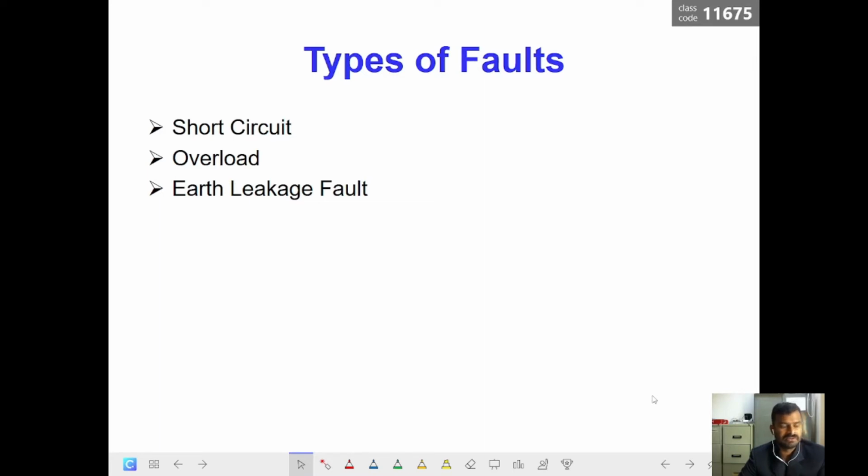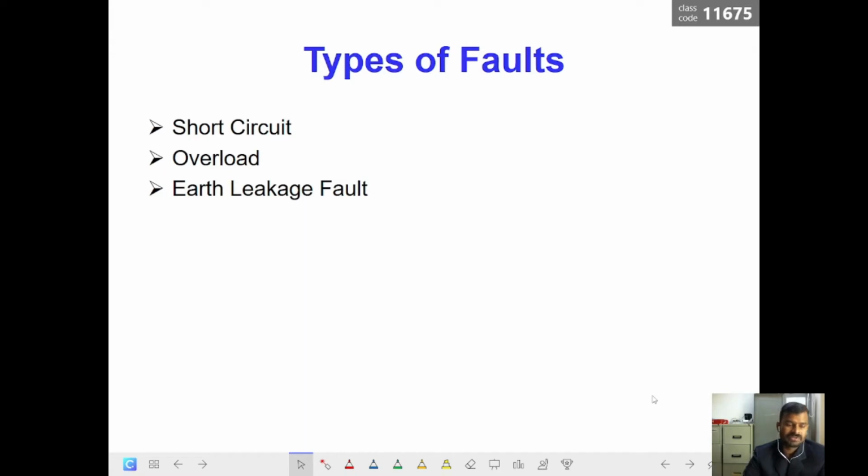Short circuit means when the power supply is shorted, or when the line and neutral conductors of a power supply are connected together without any proper resistance or load. What happens during this time?